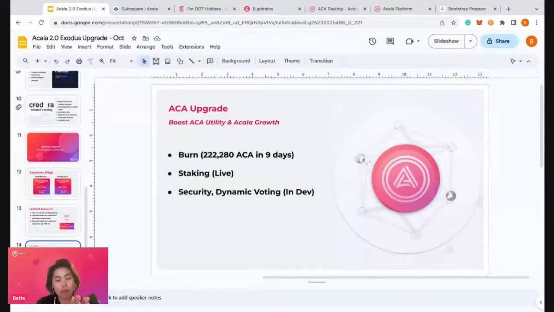The emission is going over a 6-year period, and that's fixed for 6 years, but you can just cut it back to 2 years, and then we stop that. So that's also on the horizon if we are doing well in that regard. Hopefully that aligns everybody's interest, ACA holders' interest, to support the ecosystem and the building, as well as giving enough incentive for us, the builders, to collectively make Acala 2.0 happen.